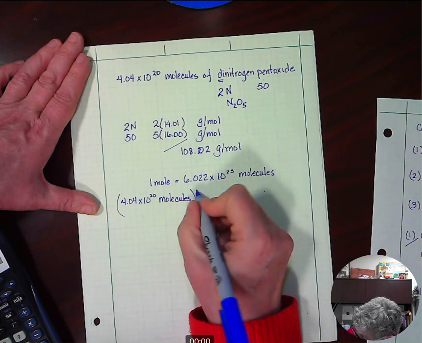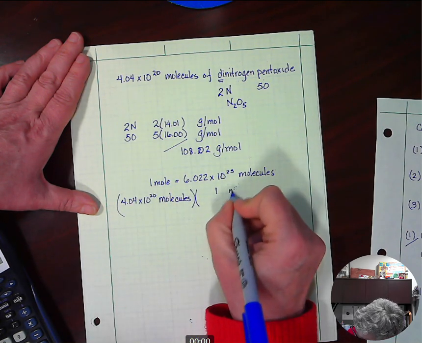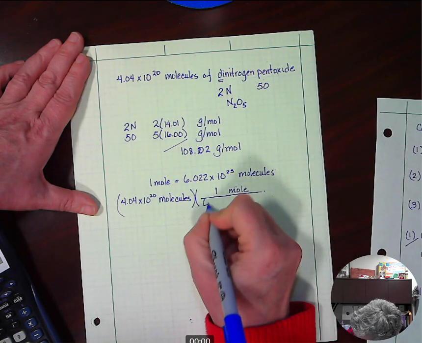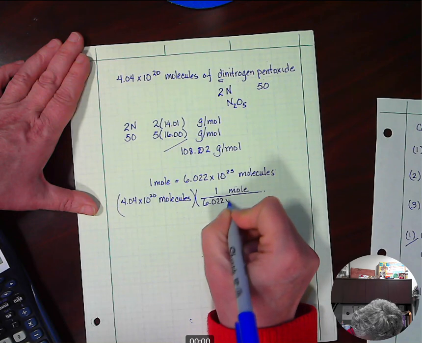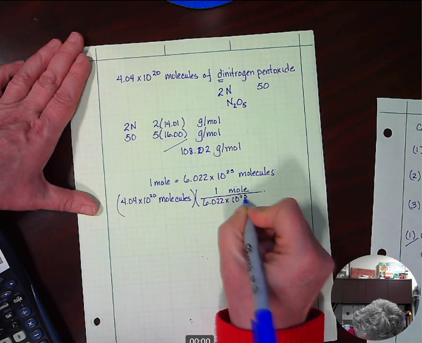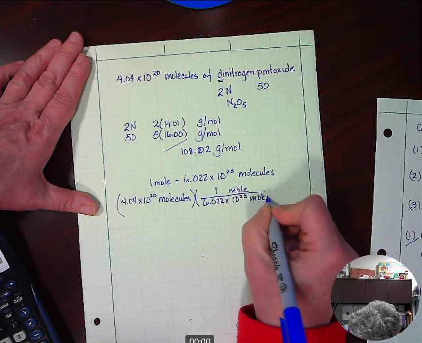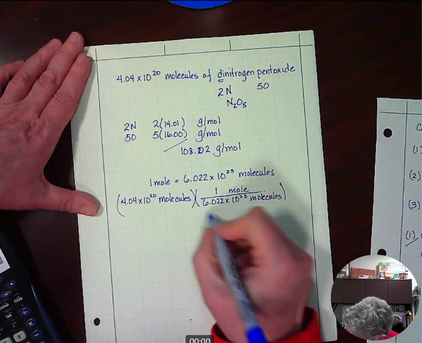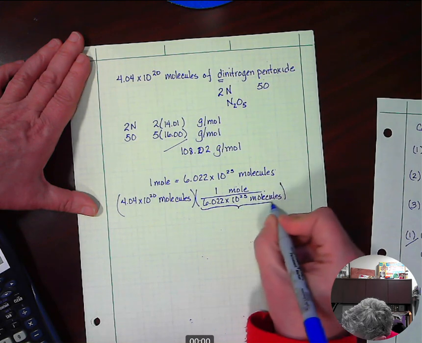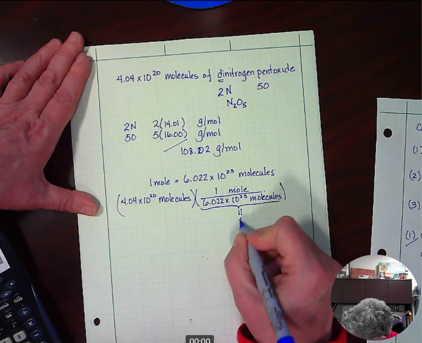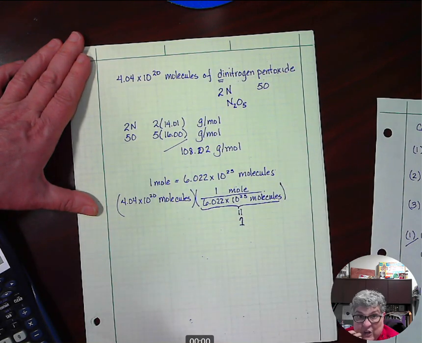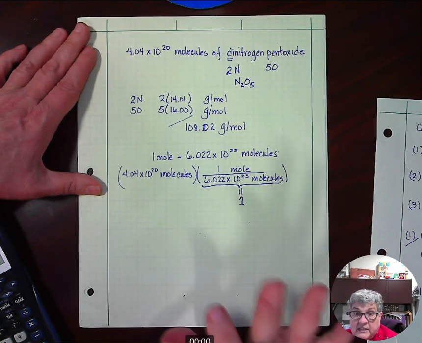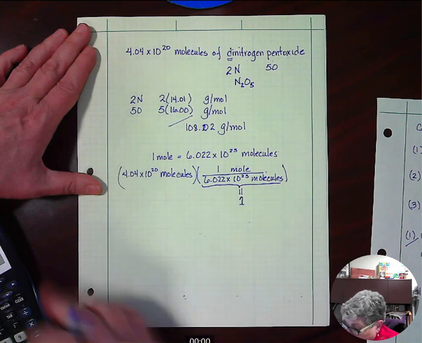I want it in moles, so I'm going to put 1 mole is 6.022 times 10 to the 23rd molecules. And this, remember, is equivalent to 1. All I'm doing is dealing with my units. So my units are a little different, and that's all I'm dealing with. So that's where that one is going to go.